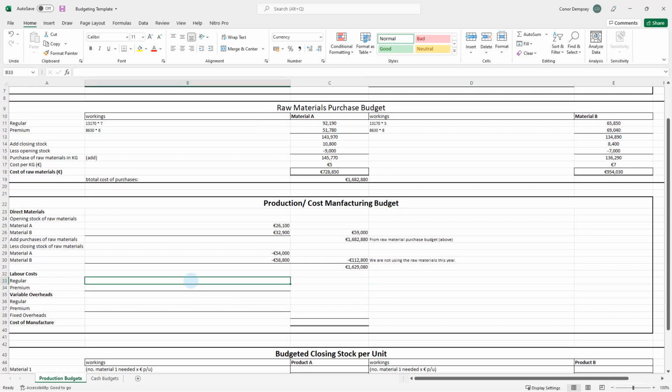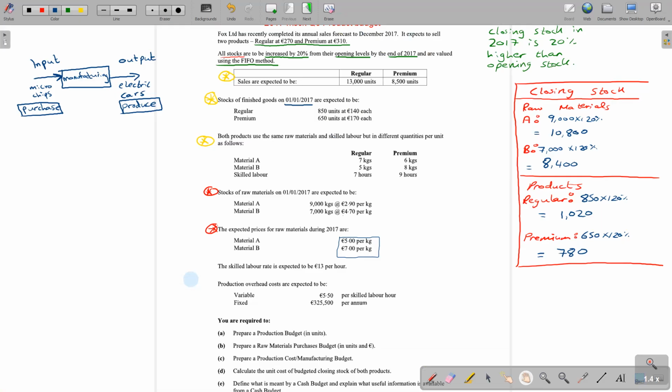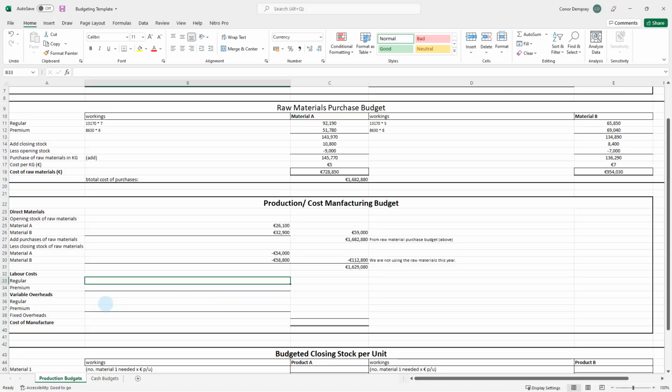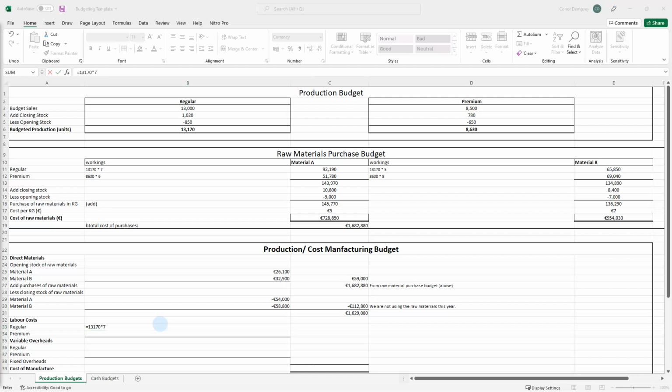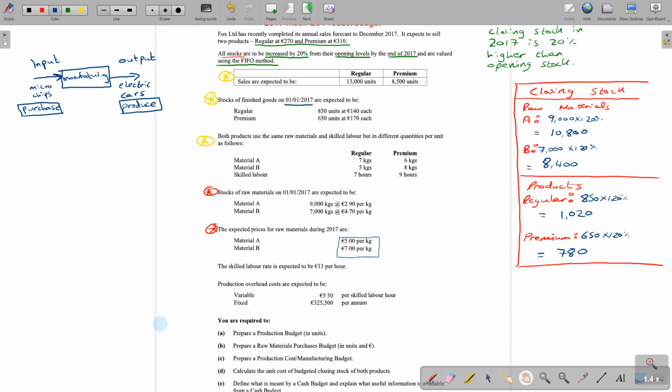Now we're talking about labor costs. So in this case, we'll go back to our table. What do we need to produce? The skilled labor is 7 hours for regular. So how many are we going to produce? Well, we're going to produce 13,170. We're going to multiply it by the number of hours needed, which was 7.